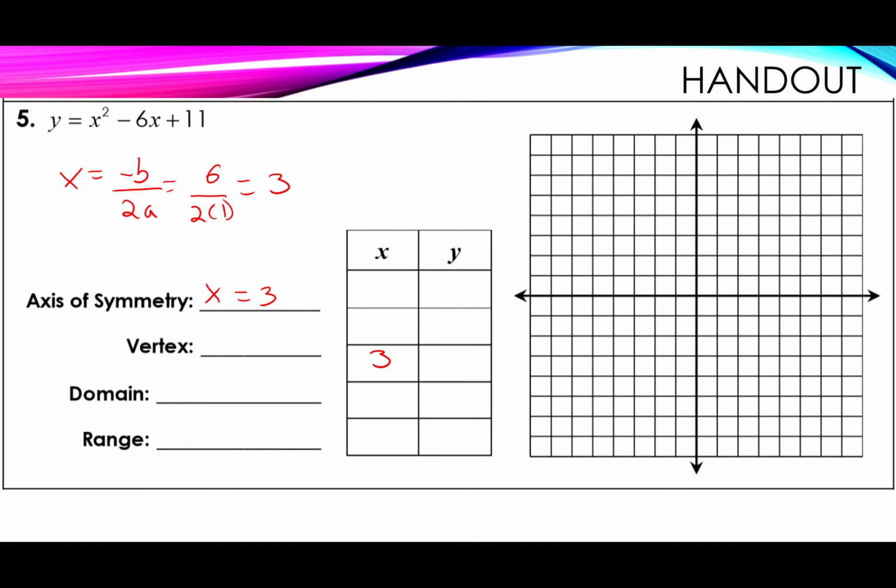All right, so I'm going to go to my table, find 3 on my x value, and so you can see that y is 2. So my vertex is 3, 2. That's my first point, so go right 3, up 2, there's that.